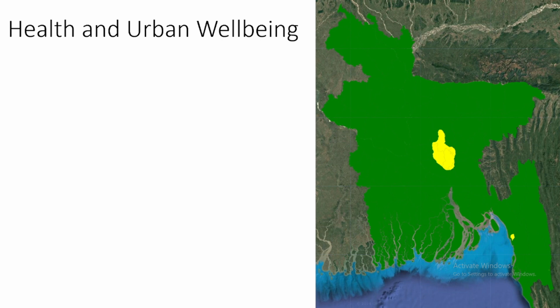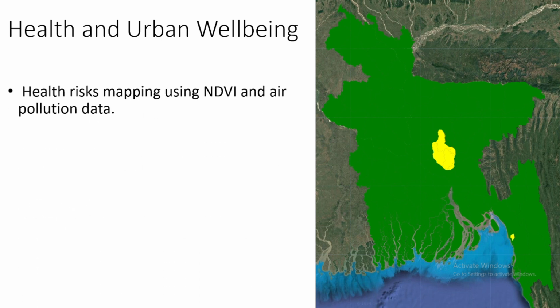Now if you want, you can check the risks, mainly to health and urban well-being. We can easily do health risk mapping. This place has more health risks than any other place in Bangladesh, because it is more developed, and there are a lot of gases.